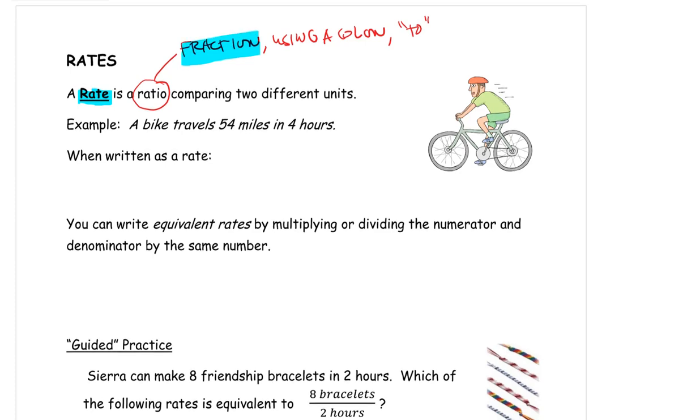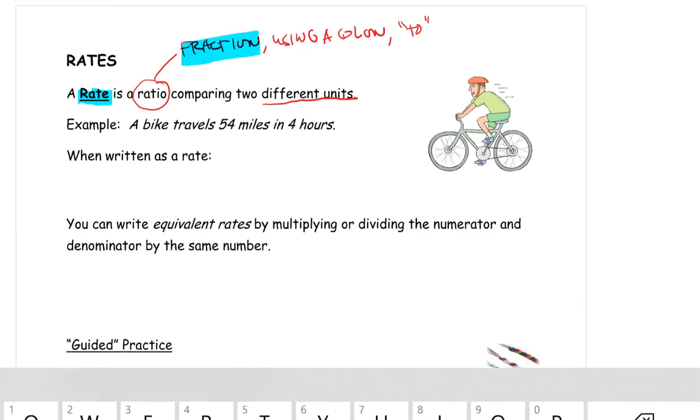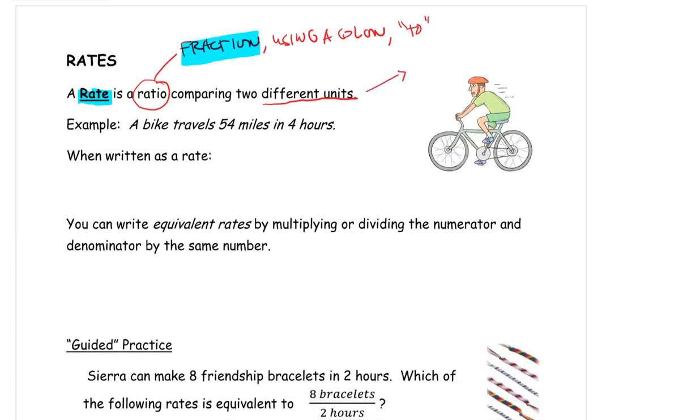And then you have a ratio comparing two different units. So when we talk about units, let's say for example, how do you describe how far an object is? To describe that quantitatively, you use the physical quantity distance.